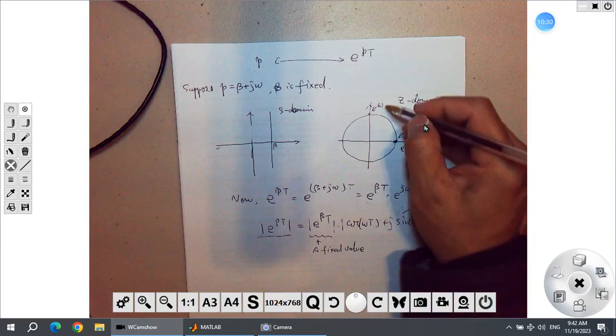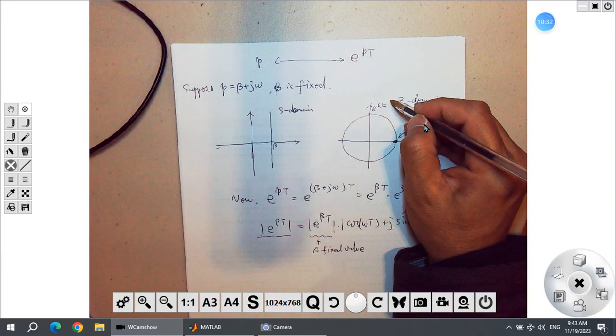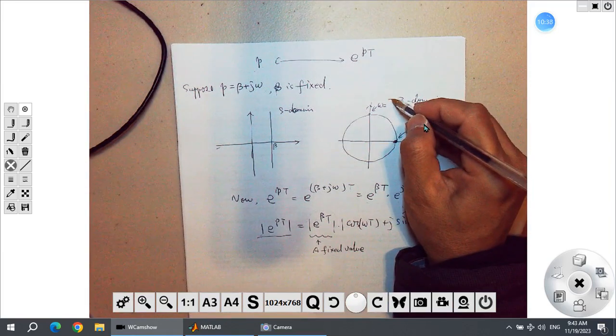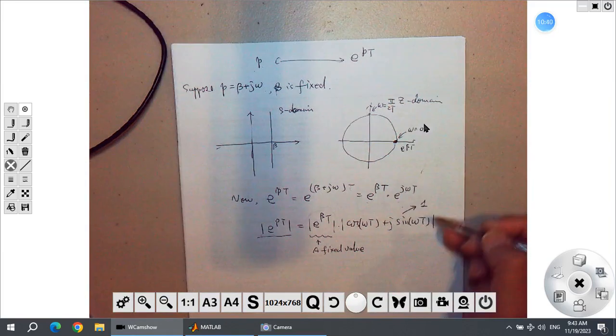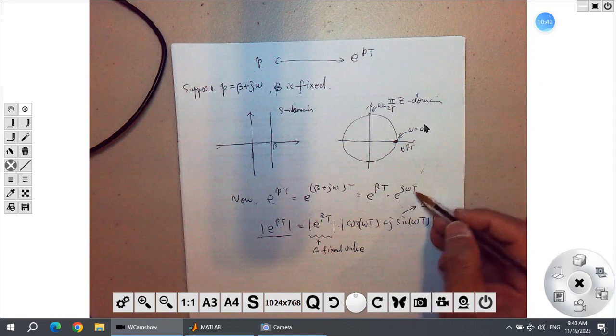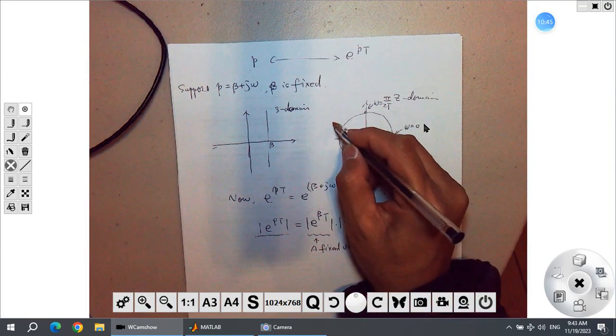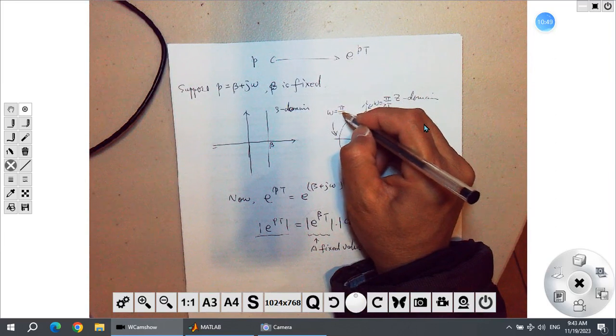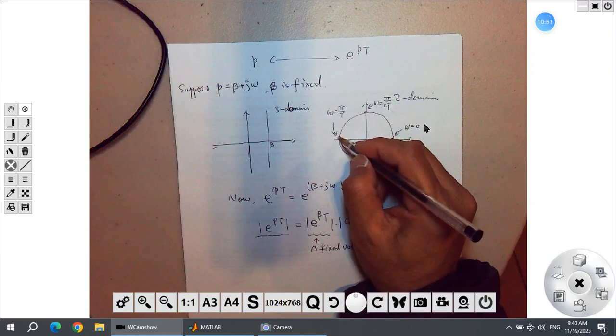So this is omega equal to 90 degrees, which is pi over 2. Over t, so it's pi over 2t. So omega t is pi over 2. And at this point omega is pi over t, so omega t is pi.